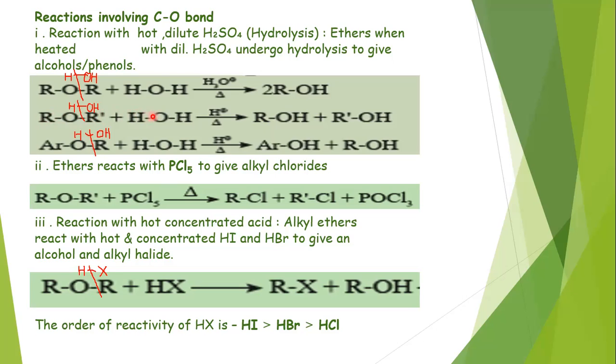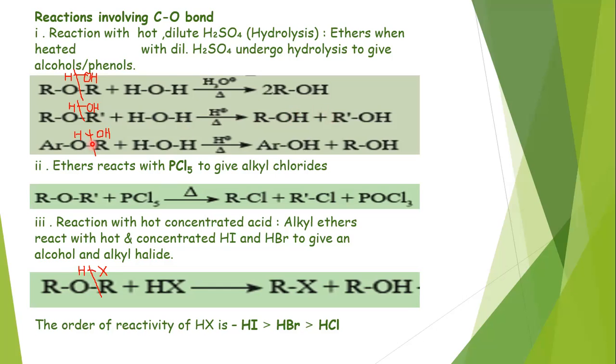So when it undergoes acid hydrolysis in presence of H plus on heating, it gives ROH and R dash OH. A mixture of two different alcohols is obtained.